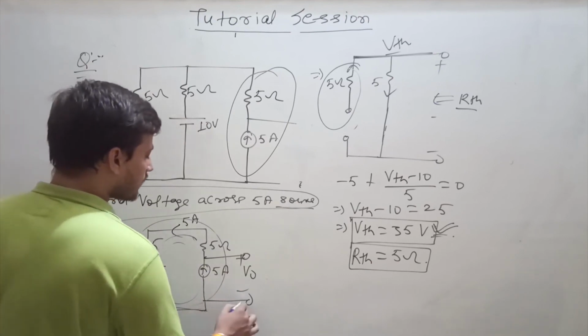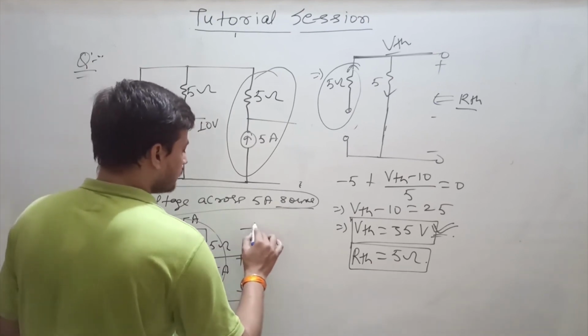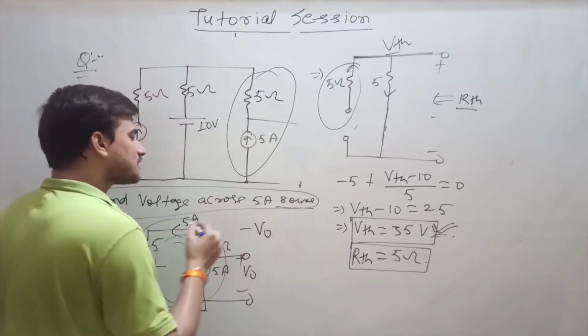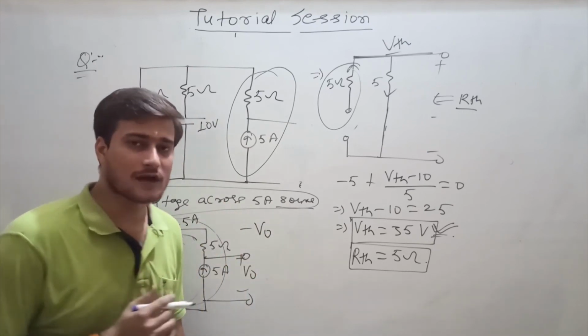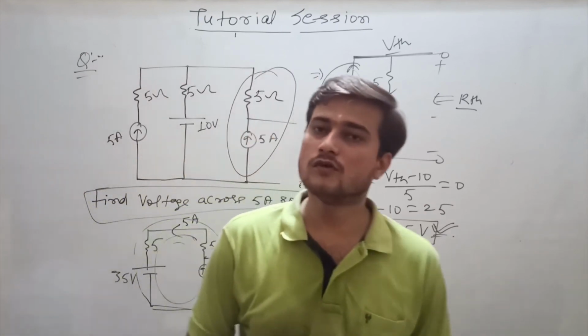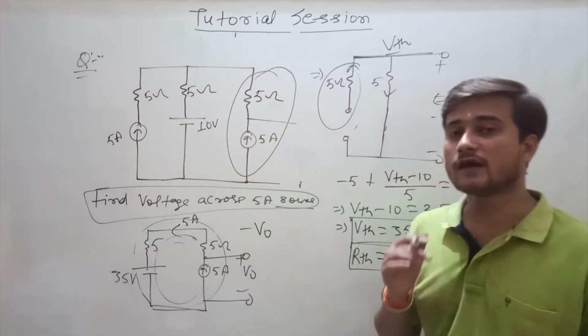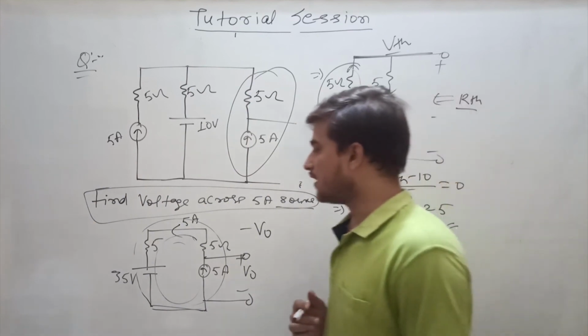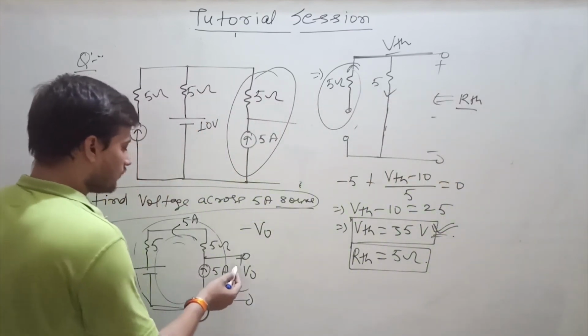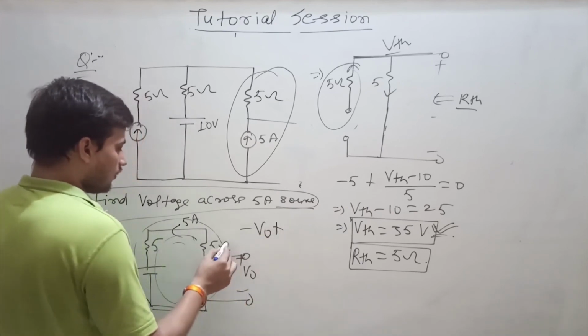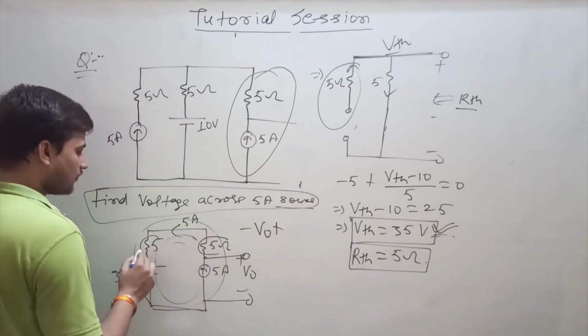Here the potential is minus V0 because you must prefer to move in the direction of current. It will be very easy to find the value. So let's move like this. Minus V0 plus, this is 5 ohm, this is 5 ohm, so total 10 ohm.